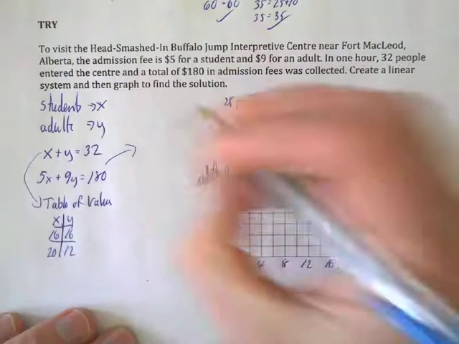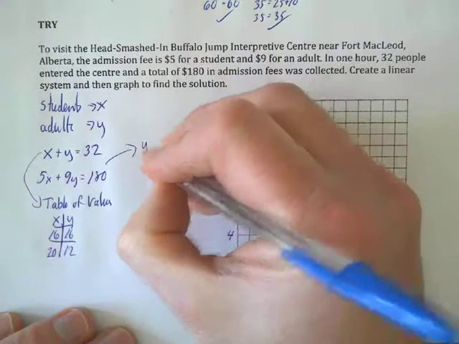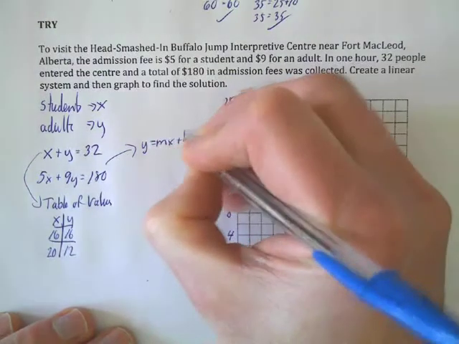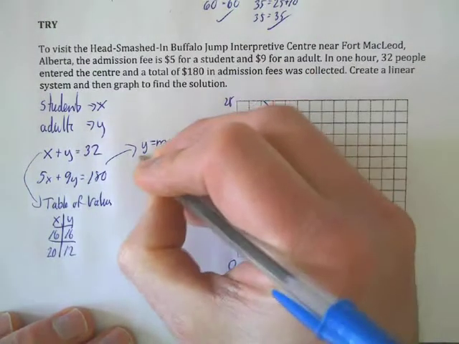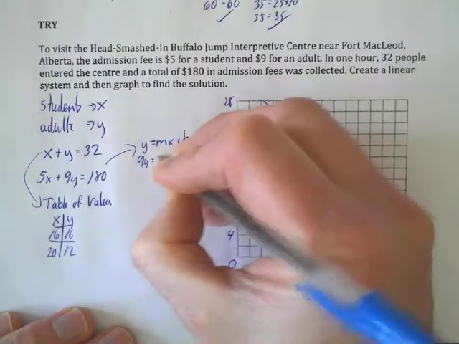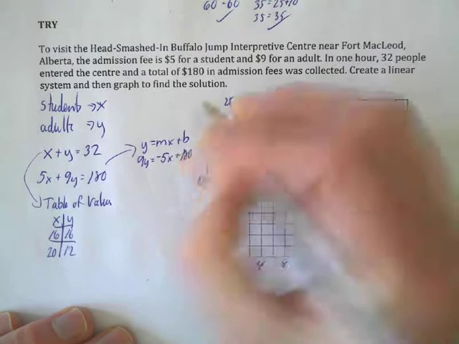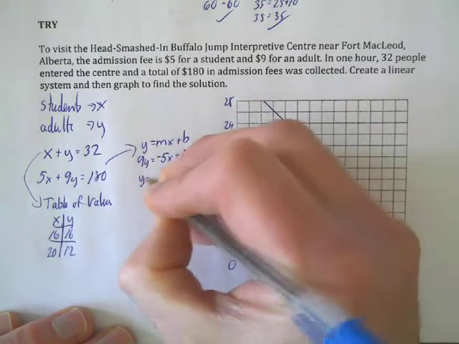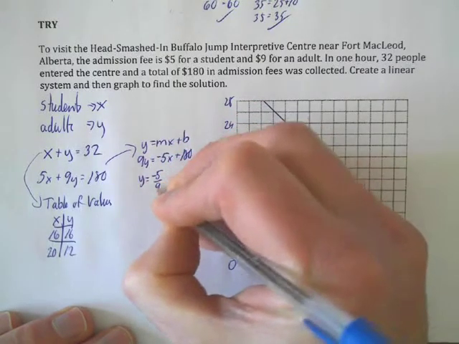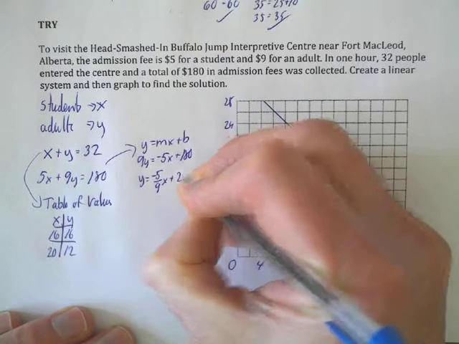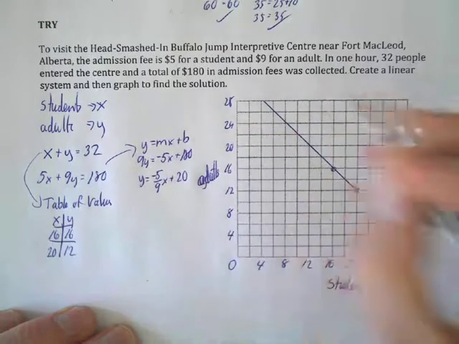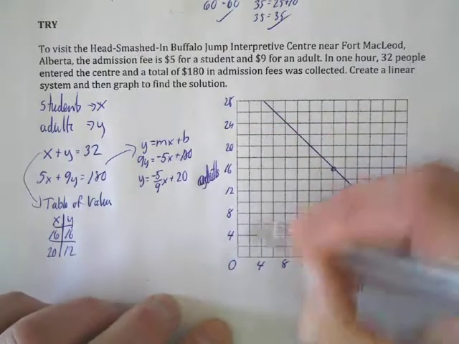Next one, I can put this in y equals mx plus b. So I have 9y is equal to negative 5x plus 180. y is equal to negative 5x over 9 plus 20. So where's my 20?